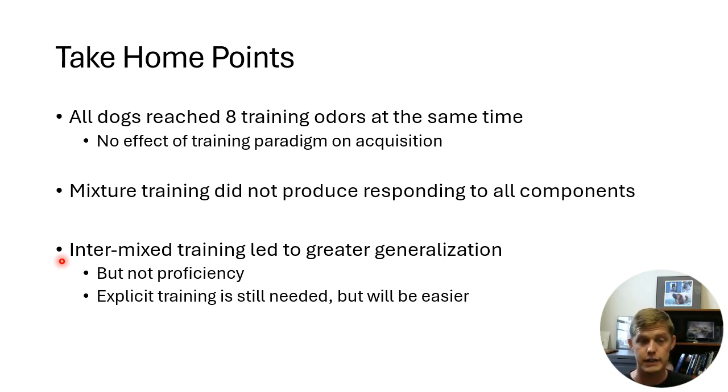They would hold their nose a little bit longer than they would to any normal distractor, which you would then have to be sensitive to, but explicit training would still be needed to get that 90% accuracy with the trained final response. But our suggestion is that this might be a little easier if you have a dog that's already giving you that change in 2 or 3 seconds, versus half a second or 1 second.